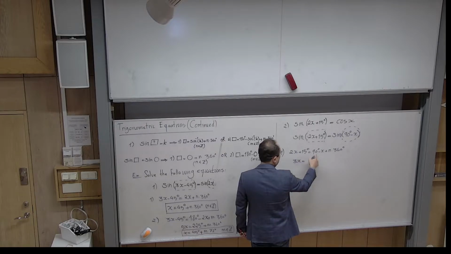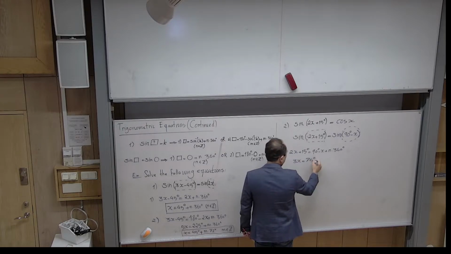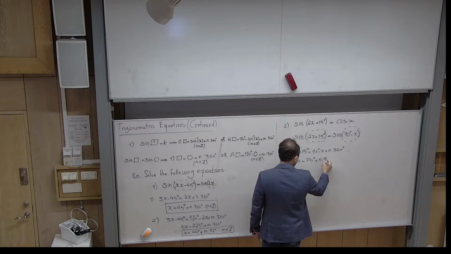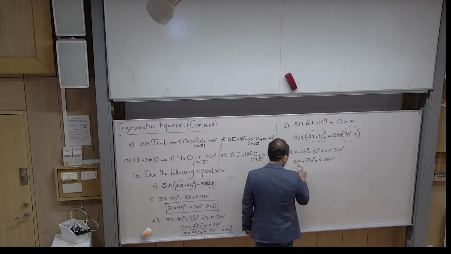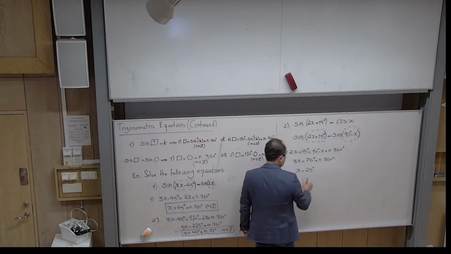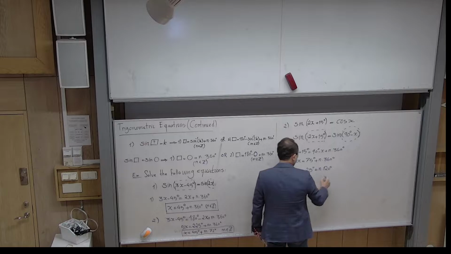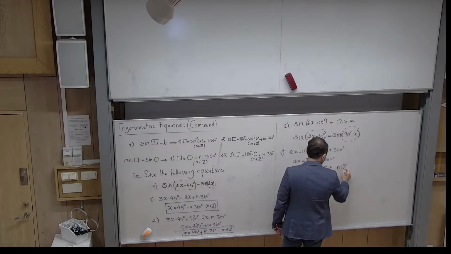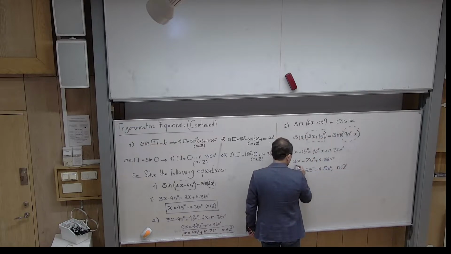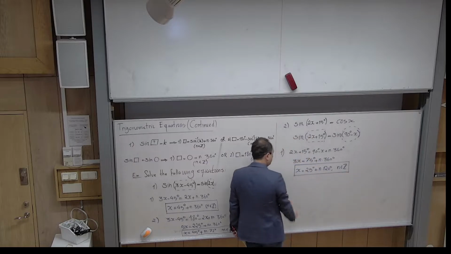I move this, it becomes 75. And then I have plus n times 360 degrees. And the last step, I divide by 3, so it becomes 25 degrees plus n times 120 degrees. And then I would write at the end that n belongs to Z, so that will give me one group of solutions.